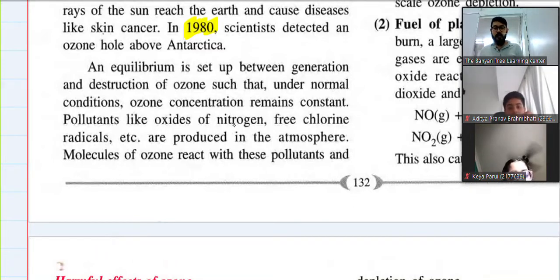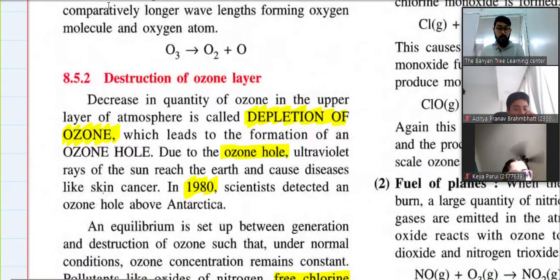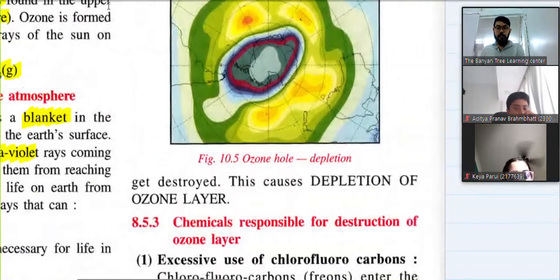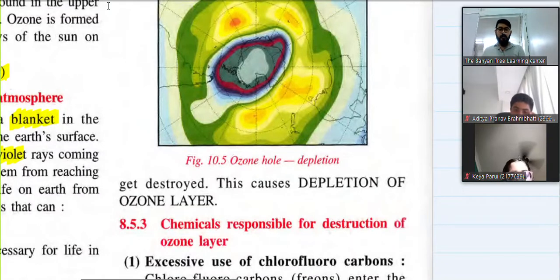Pollutants like oxides of nitrogen, free chlorine radicals, etc. are produced in the atmosphere. Molecules of ozone can react with these pollutants, which are produced naturally, and get destroyed. You see this picture in which the ozone hole is shown over Antarctica.